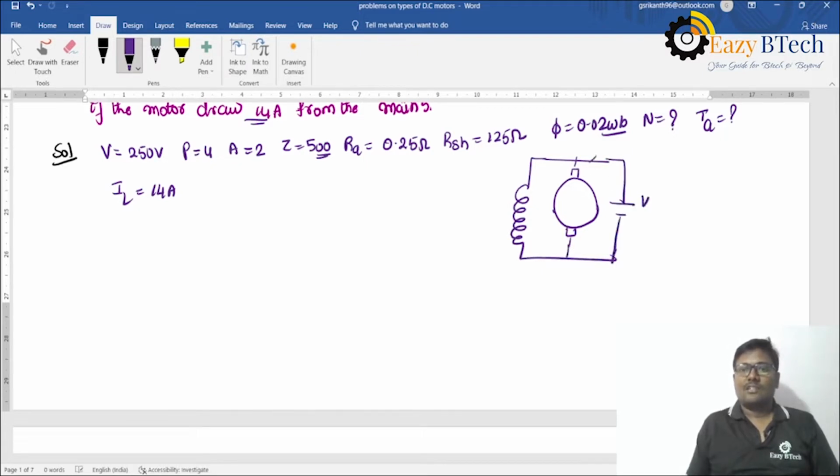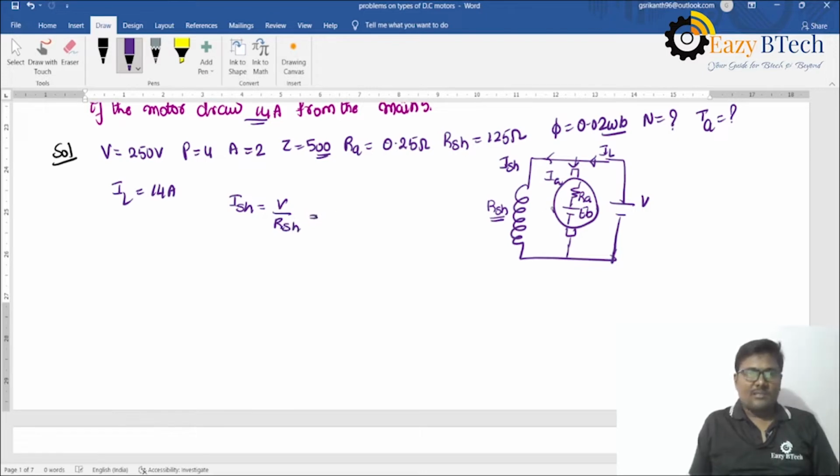This is V, IL, IA. The current flowing through the shunt field winding is ISH. The shunt field winding resistance is RSH. Internal resistance is RA. Back EMF is EB. So directly I am writing ISH is equal to V divided by RSH.